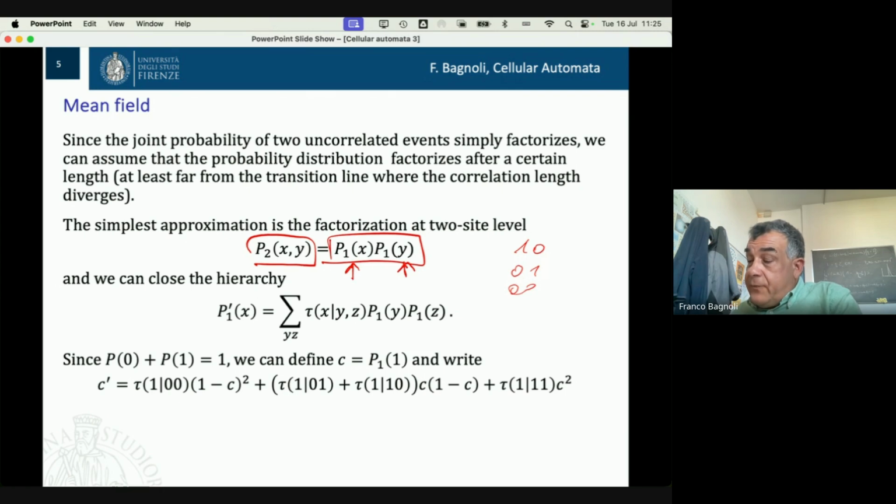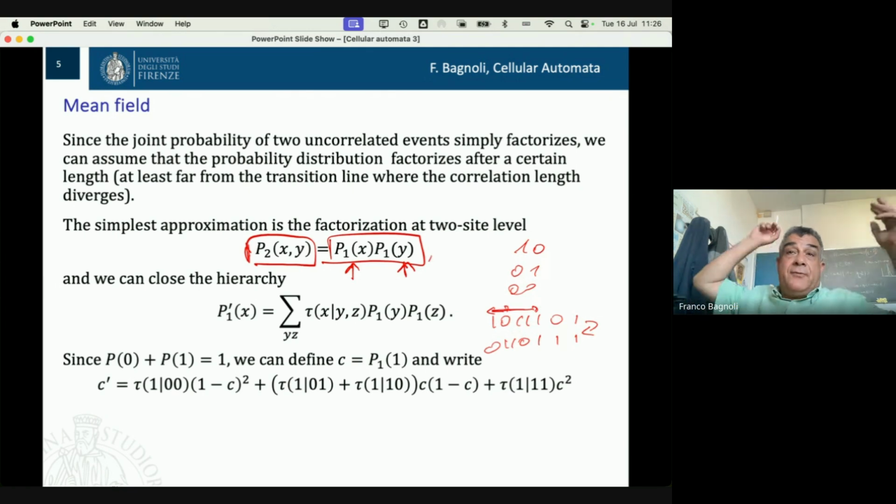This is true if at each time I reshuffle the configuration, so that I have the same number of ones and zeros, but completely shuffled. Otherwise, clearly, normally there are correlations among spins, and these correlations normally diverge near the phase transition. So we can already expect that this approximation can be good far from the phase transition and very bad near it.